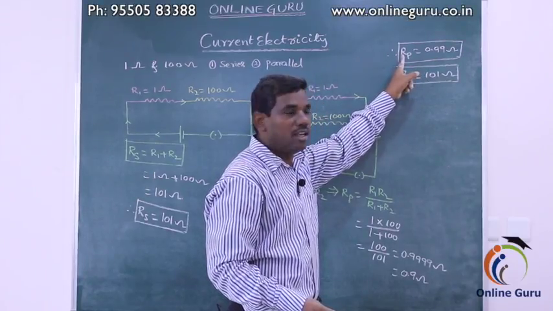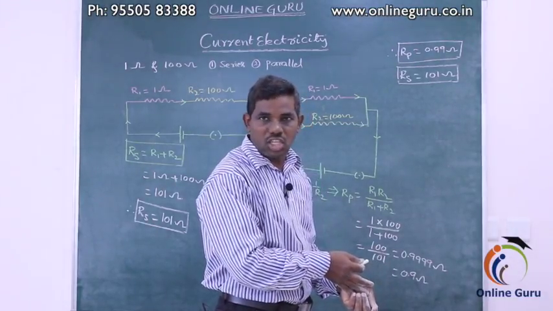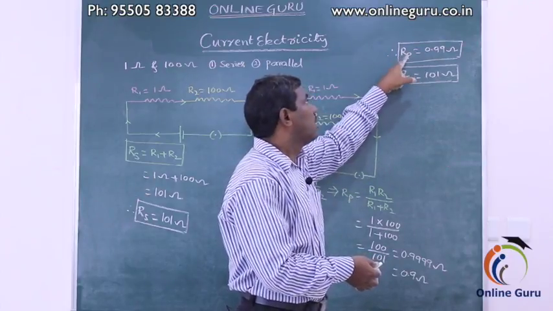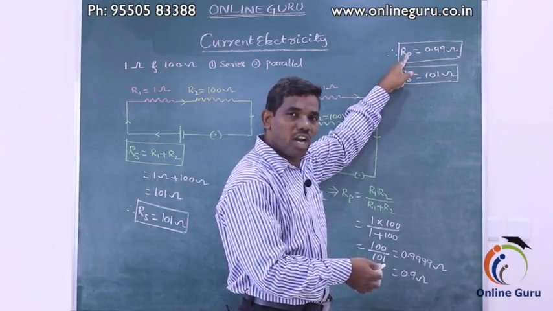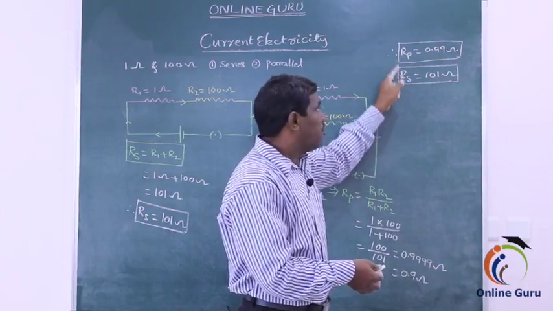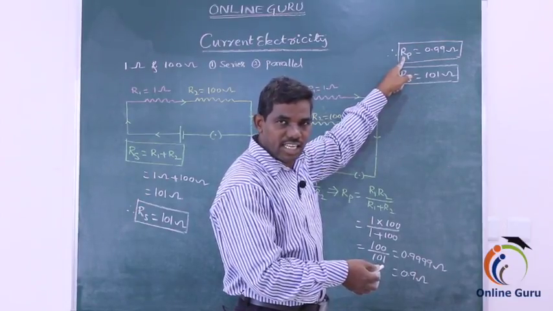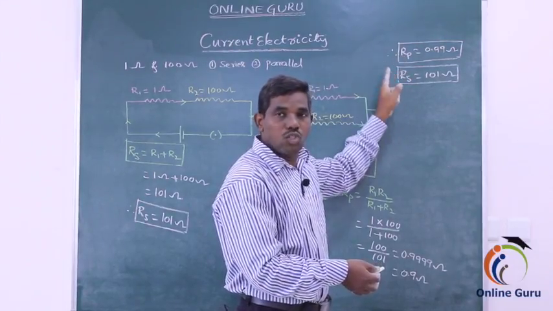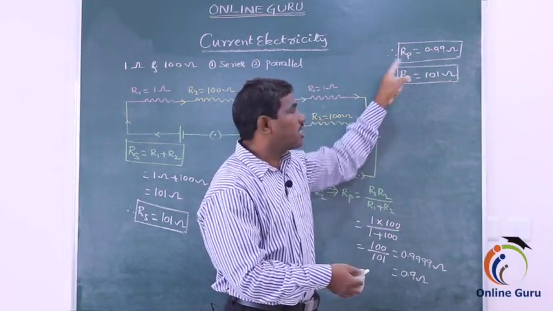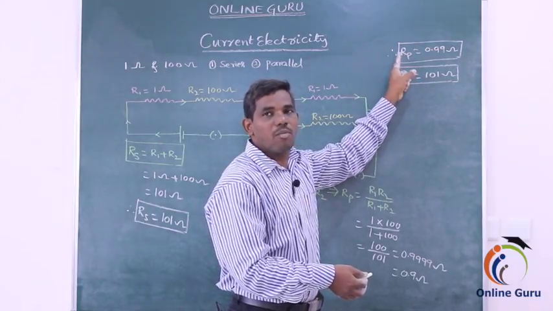Parallel combination has more advantage than the series combination because in parallel combination they offer very little resistance. That's why household electric circuits, hospital electric circuits or industrial electric circuits are connected in a parallel combination.